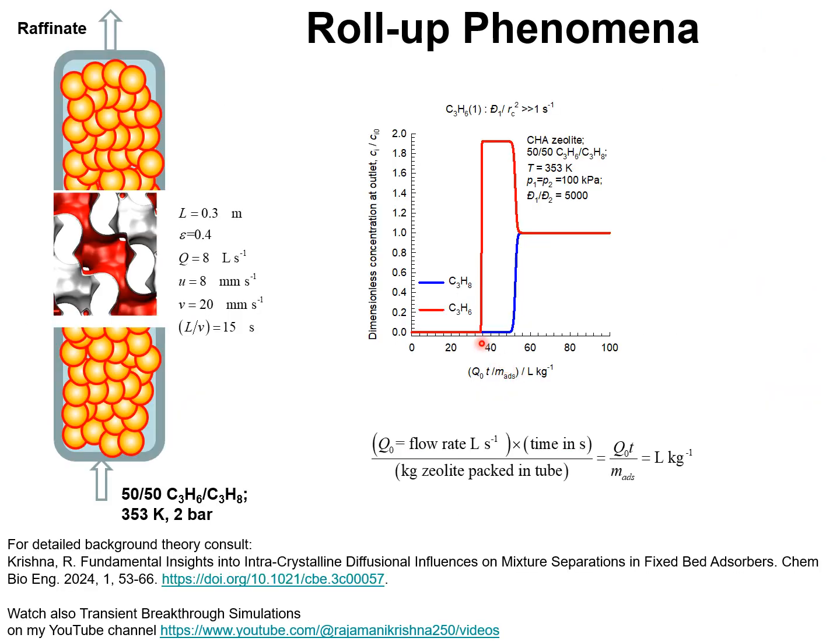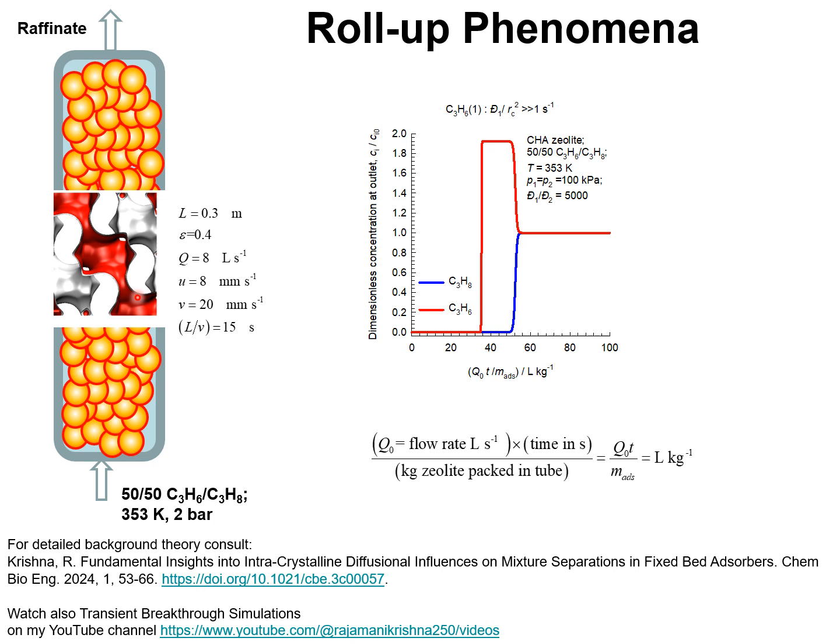In order to investigate the variety of factors that influence the extent of roll-up phenomena, I examine separations of mixtures of propene and propane at 353 Kelvin and 2 bar pressure in a fixed bed adsorber packed with Chabasite zeolite.